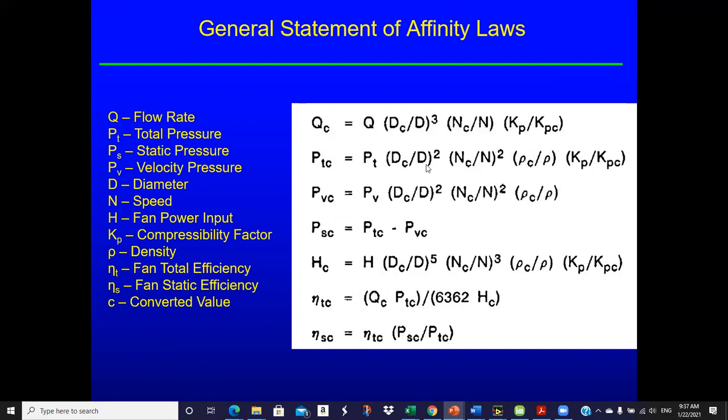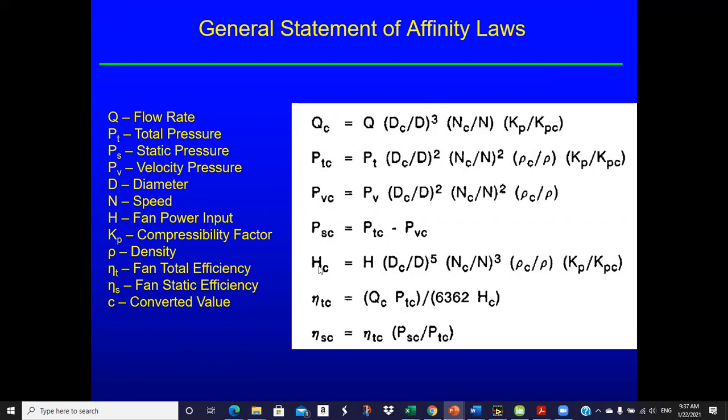What happens to pressure? The wheel term is out because we're not changing the wheel. We're not changing the fluid, so the density ratio is the same. We're not changing compressibility factors much, so we're going to drop that. So it's just a speed ratio, which I said was 2. If we're going to double it, 2 squared is 4. So whatever pressure we had before, it's going to be 4 times that. That would apply to total pressure and velocity pressure, and if we subtract the two, it would apply to static pressure as well.